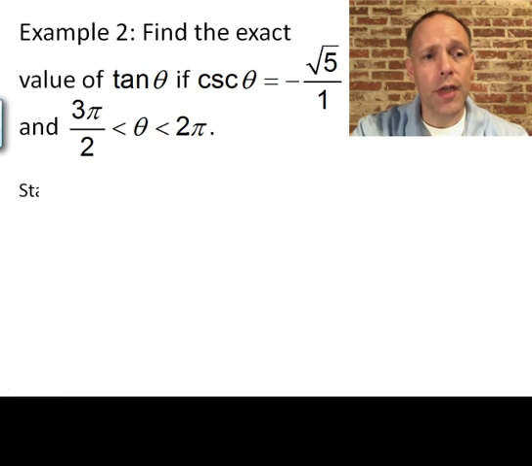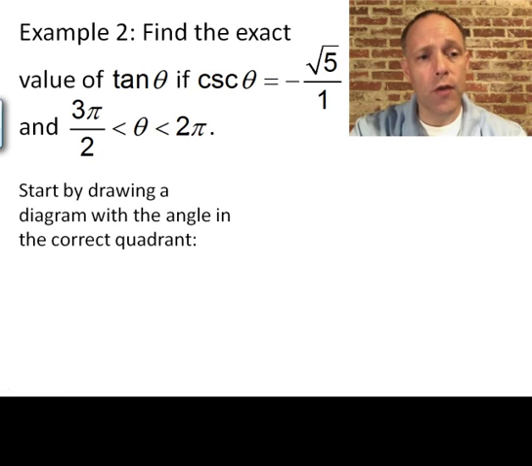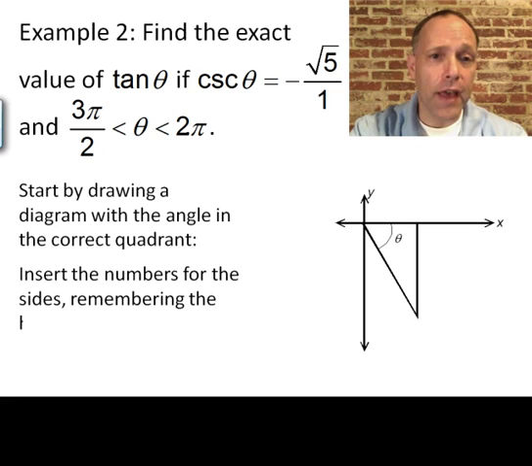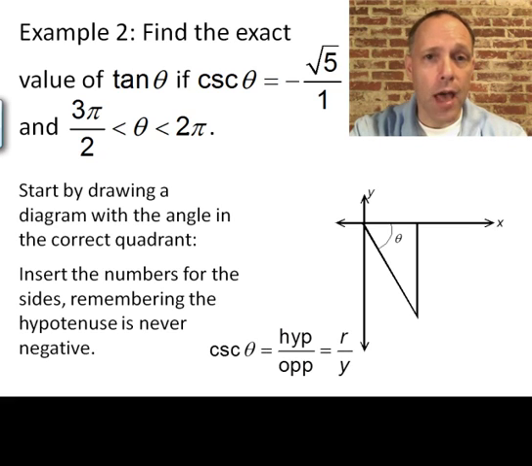Okay, the first thing I want to do is draw a diagram in the correct quadrant. I know that theta between 270 and 360 is in the fourth quadrant. So my picture with the diagram has theta in quadrant 4. I go back to my cheat sheet and I find out that cosecant is hypotenuse over opposite.